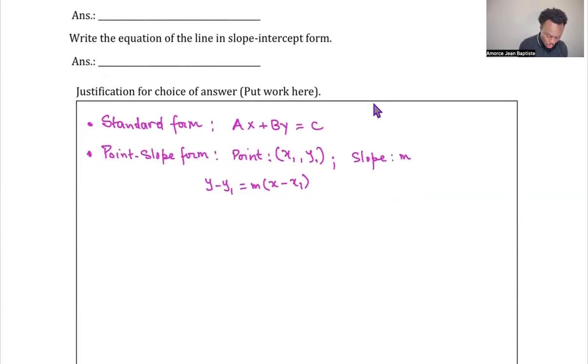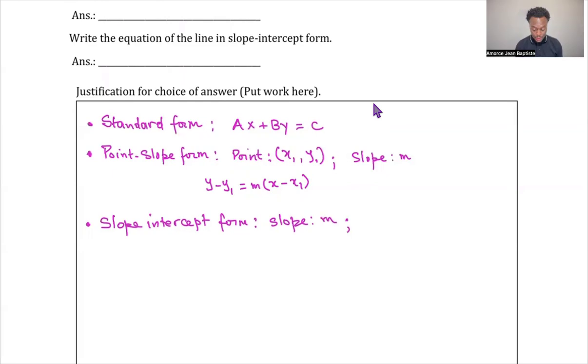And then there is also the slope intercept form. The slope intercept form of the line, that's when they give you the slope of the line, let's say m, and they give you the y-intercept of the line.